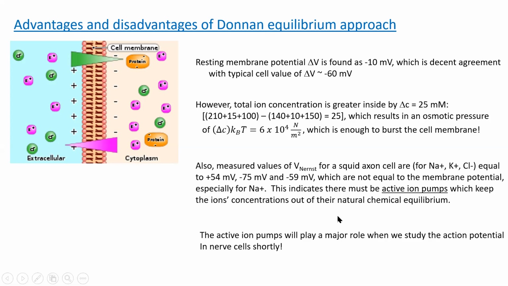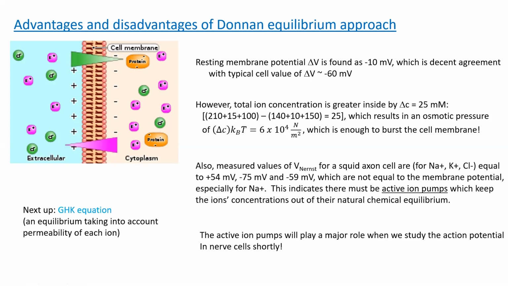And it turns out these ion pumps will play a major role when we study the action potential in nerve cells in a few classes. Next up, in our next class, we'll study an equation called the GHK equation, which improves on the Donnan equilibrium by taking into account the permeability of each ion to the cell membrane. We'll see we get a little bit better results there.